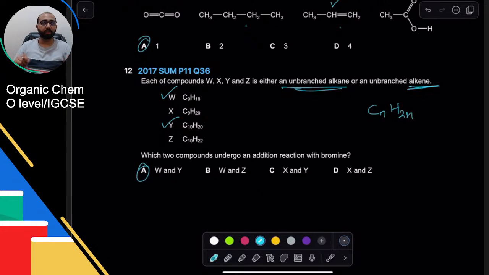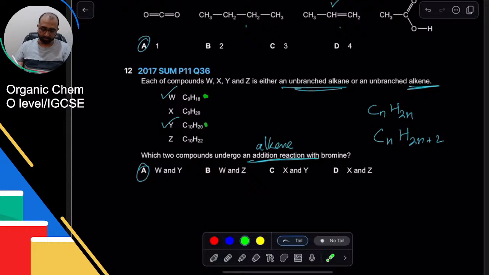Hydrogen is double of carbon. So that is C9H18 and C10H20. In the other two, hydrogen is 2 more than double. If it is 2 more than double, that is alkane. Which compounds show addition? They're asking which of them is alkene. So the ones that are alkene are this one and this one, W and Y. I hope that is clear.